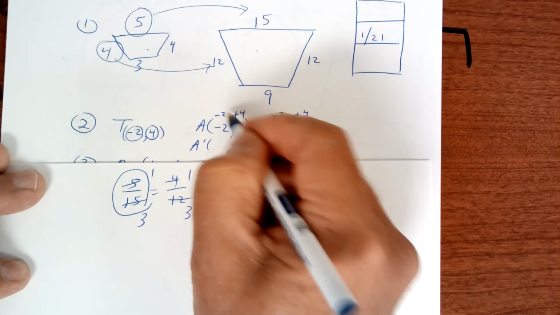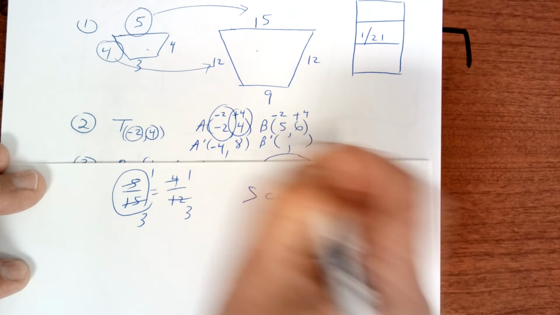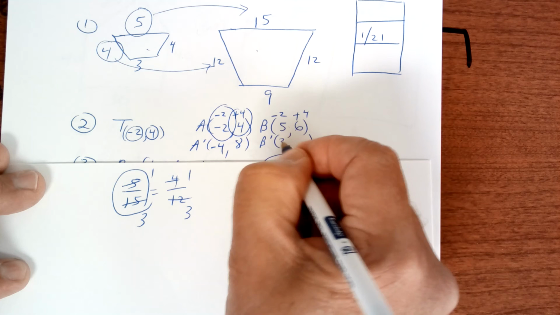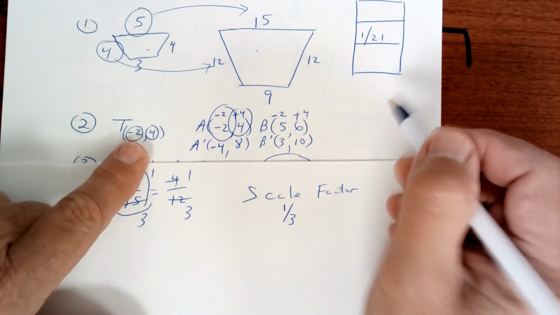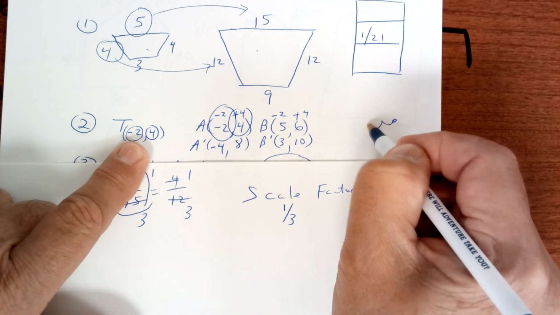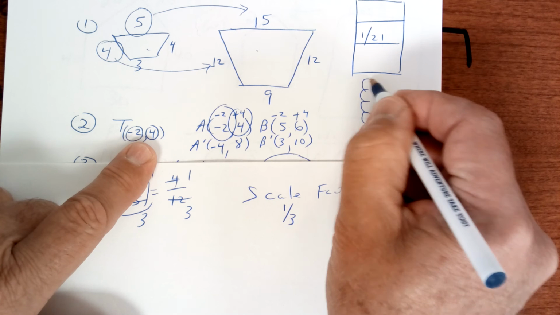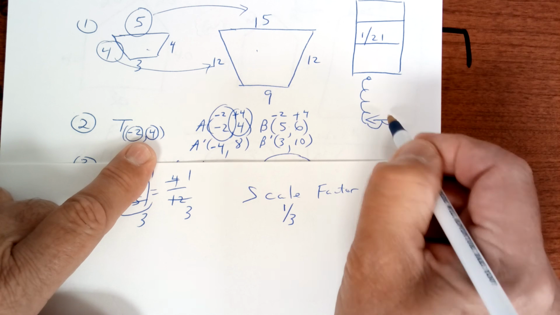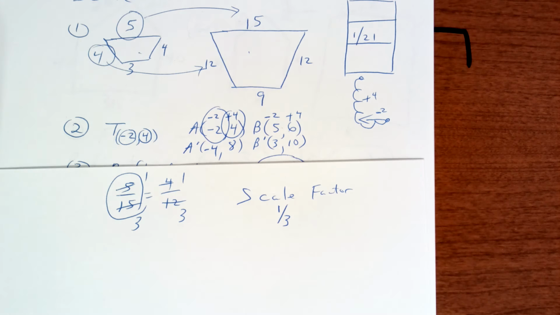So your new point will be -4 and 8, and this one will be 3 and 10. And that's how you translate. Remember, translation is, on this one, you're moving it to the left 2, and then you're going up 4, over 2, and then up 4. That's a translation, which is a slide.